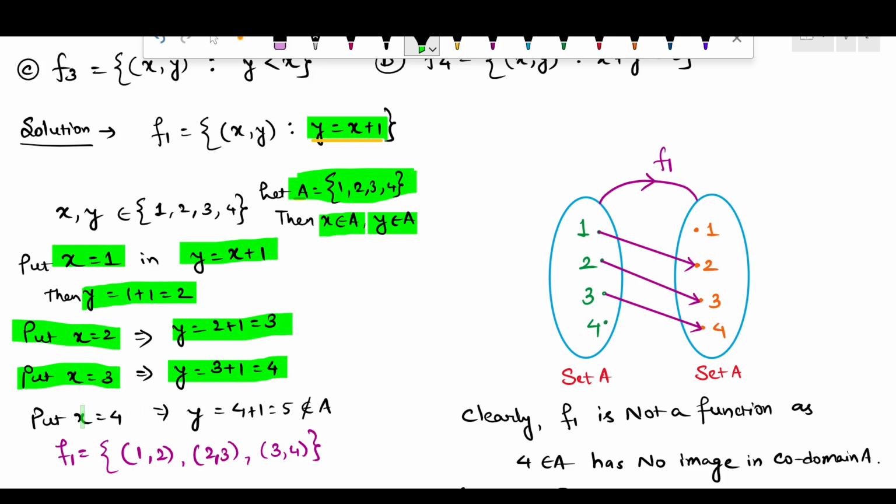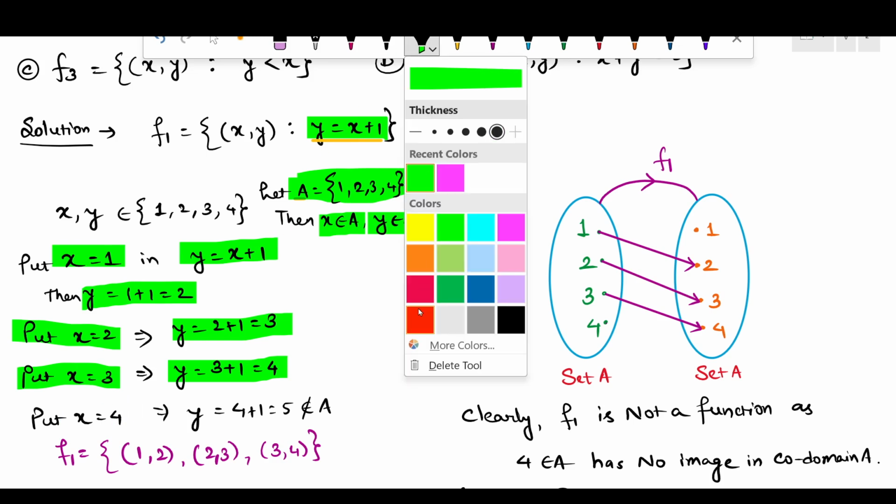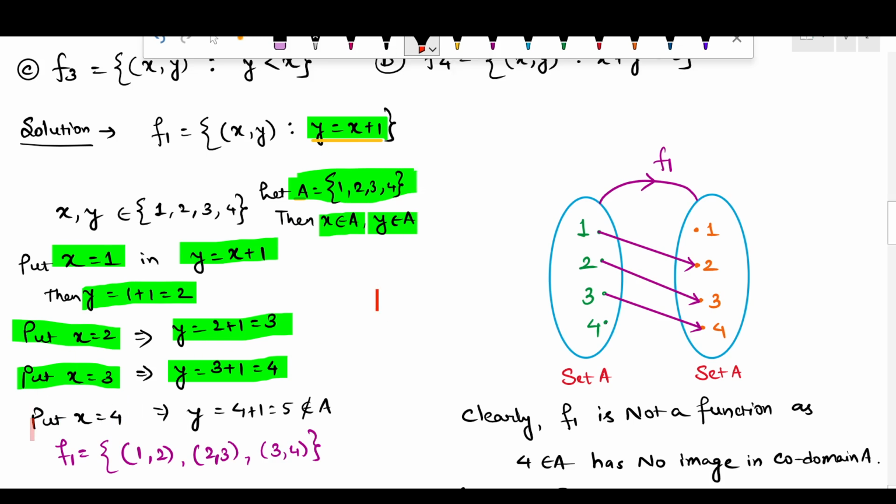So here 1, 2, 3 and 4 belong to A. But as soon as you put x equals 4 here, then y is 5, which does not belong to set A, right? So 4 has no image in its codomain.